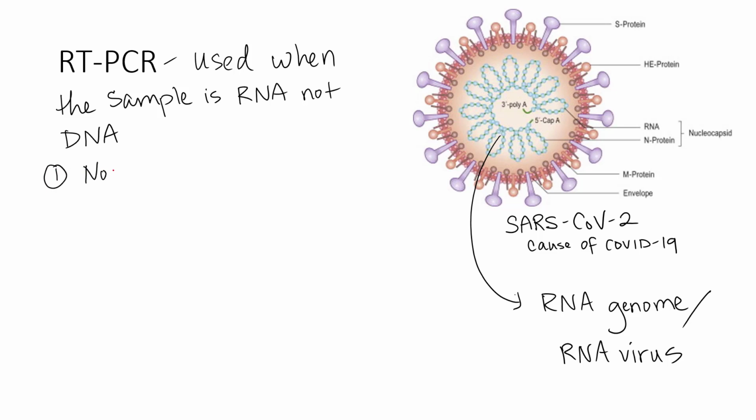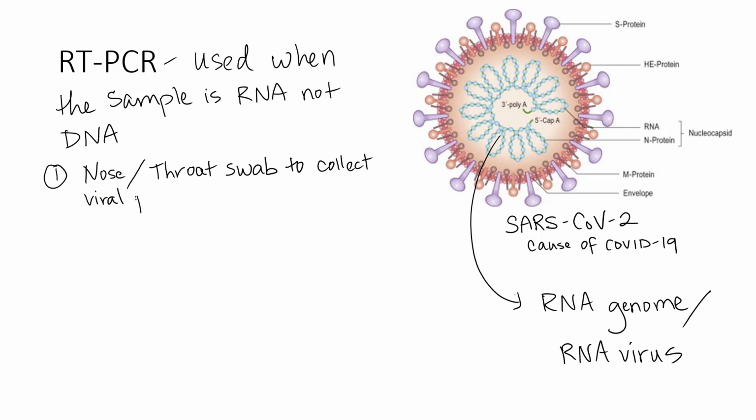So they're doing a nose or a throat swab to collect some viral cells that should be in that area, because this is a virus that invades those cells in the respiratory tract. So you would start with a nose or throat swab to collect.